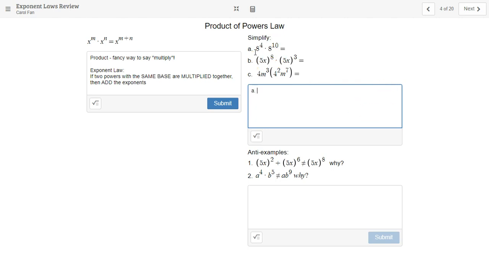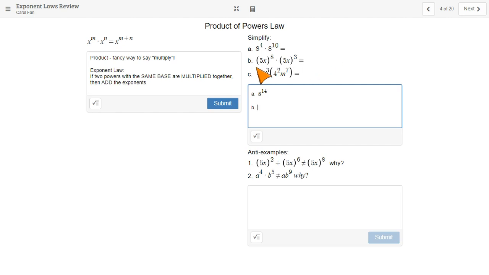We have 8 to the power of 4 times 8 to the power of 10. Our base is 8, and this is multiplying. So we can take the exponents, and multiply them together. Or sorry, what am I saying? Because the bases are being multiplied, we can add our exponents together. So we have 8 to the power of 14.